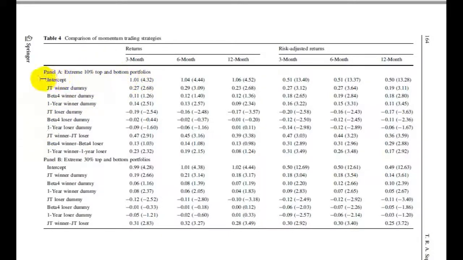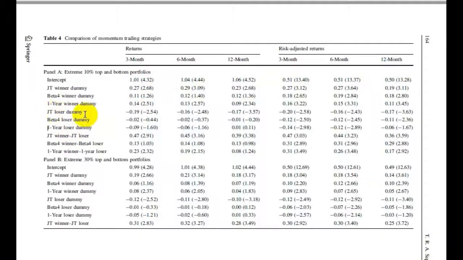And so first off, we have the raw returns here with holding periods of 3, 6, or 12 months, and then risk-adjusted returns for 3, 6, and 12 months. So first looking at the JT, going long the top 10% with the highest past 6-month returns, we see those are all significantly positive with significant T statistics across all holding periods.